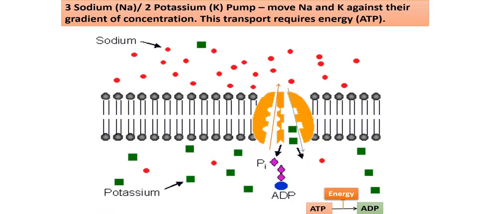So here it shows again the sodium-potassium pump, which moves these red sodium molecules against the concentration gradient, and the potassium molecules, the green ones, also moving against the concentration gradient, and because of this it requires energy.